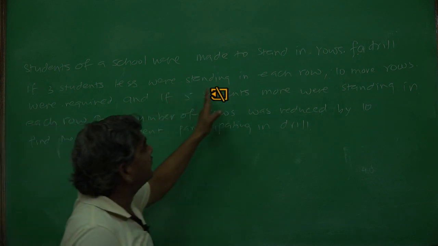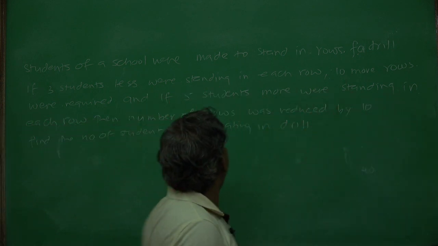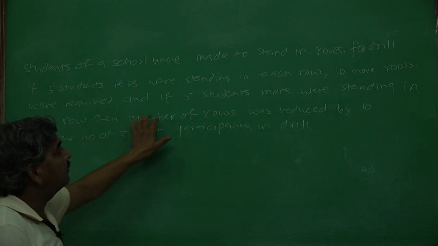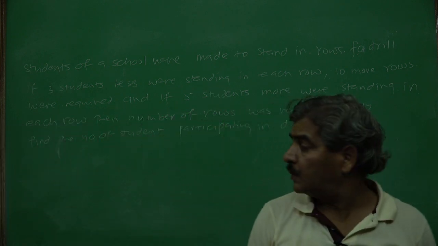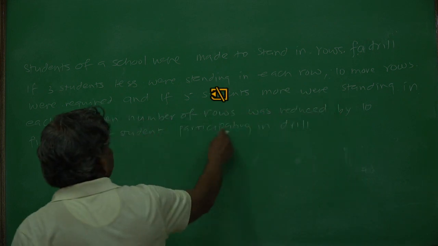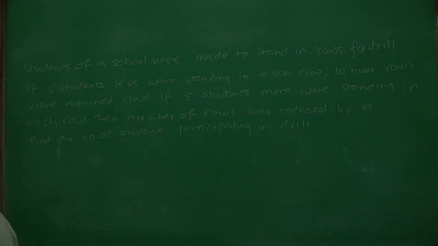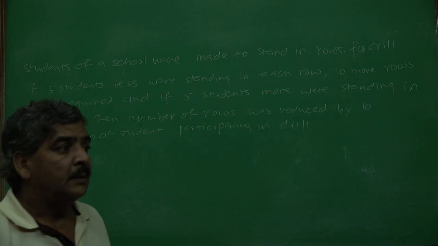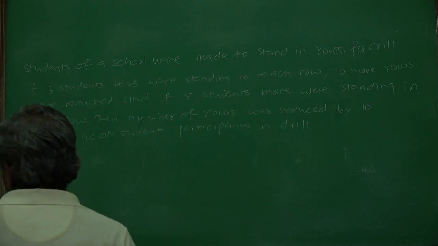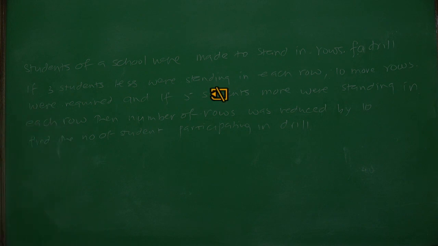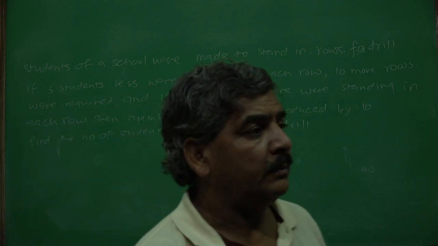And if 5 students more were standing in each row, then the number of rows was reduced by 10. Find the number of students participating in the drill. No problem. Question समझ में आया? Read the question again and again.